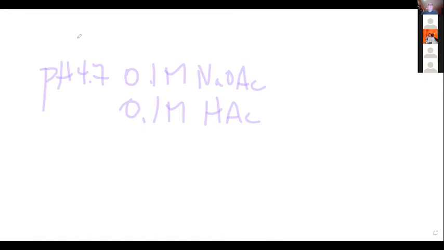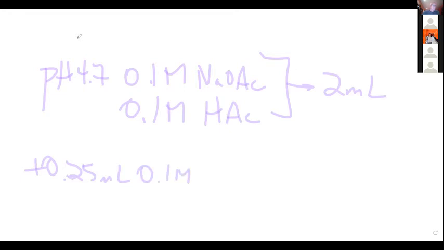The question says, calculate the final pH of the undiluted buffer after 0.25 milliliters of 0.1 molar NaOH is added. And it gives the Ka of CH3COOH as 1.8 times 10 to the negative 5.